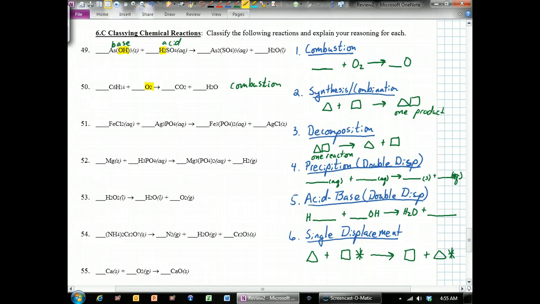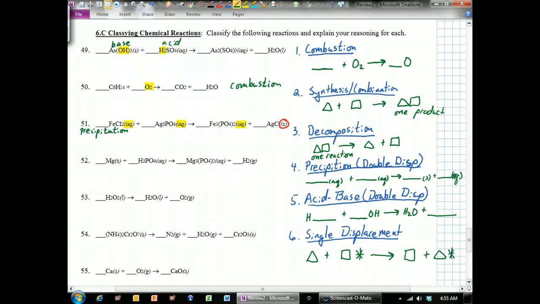And then on number 51, we have two aqueous solutions end up making an aqueous, and the key part of this is it ends up making a solid. So this one is a precipitation reaction.